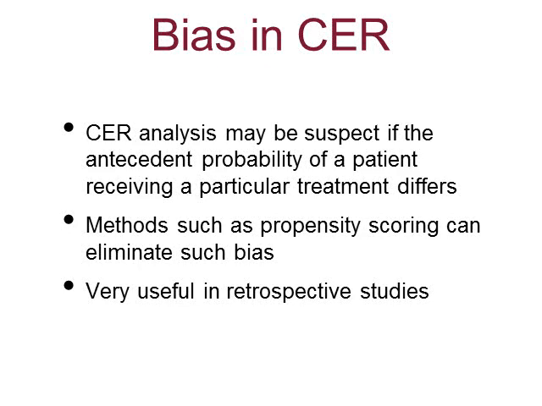So there is a concern about bias in comparative effectiveness research. What it means is that if you're looking at two different treatment protocols, whether it's a device or using one drug over another, or one clinical pathway versus another, or one method might use an intervention and another might not, you have to be careful if the antecedent probability of a patient being in one of the two or more groups differs between those groups.